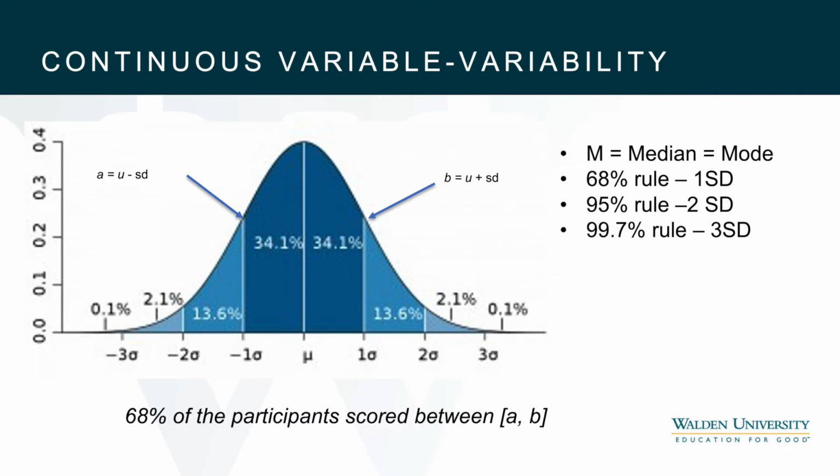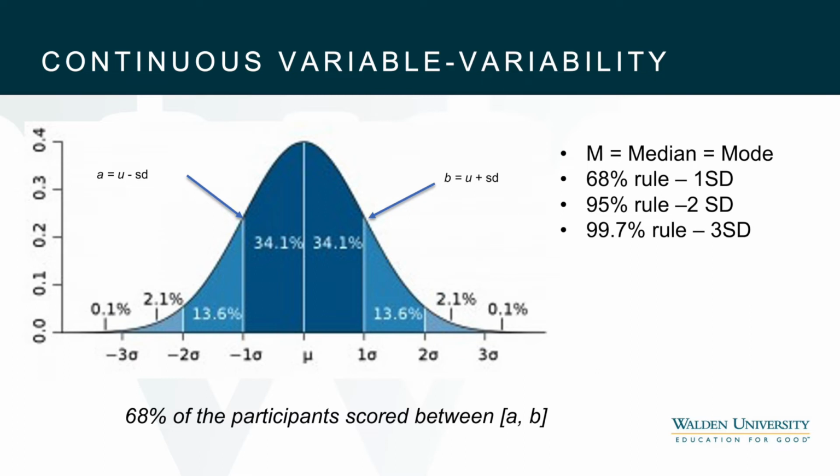Because if you have a curve that looks rather normally shaped, then you can conclude that 68% of the participants lies exactly one standard deviation away from the mean. 95% of the scores lies 2 standard deviations away from the mean, on the left side and the right side. And 99.7% lies 3 standard deviations away from the mean.